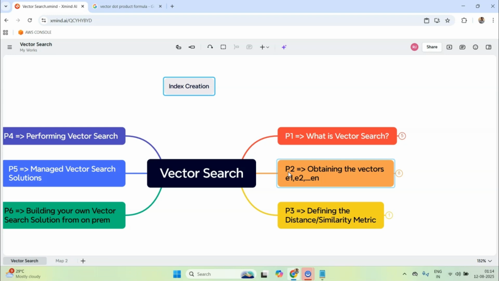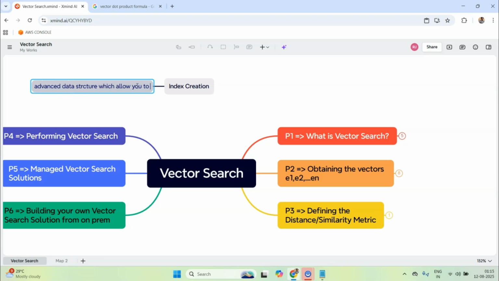So you want to take those vectors and create some sort of advanced data structure which allows you to basically query, or rather search, the vectors fast and in an efficient manner.